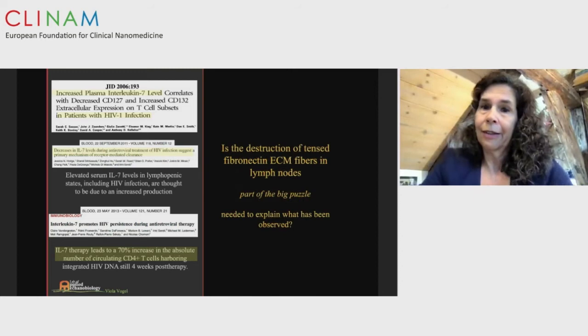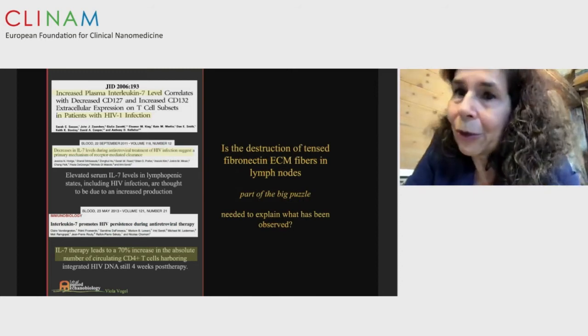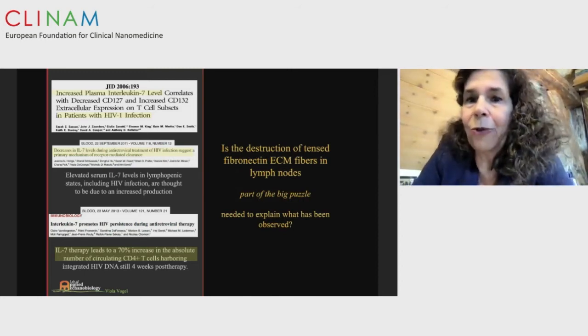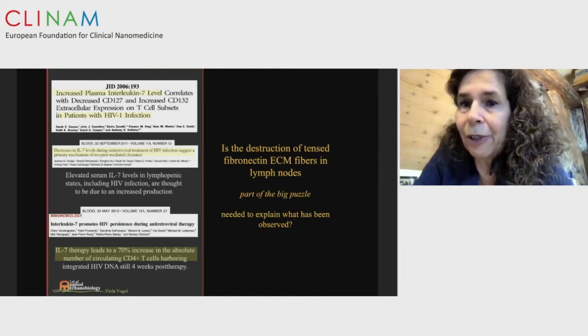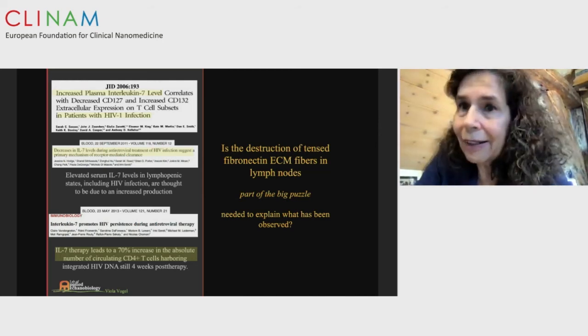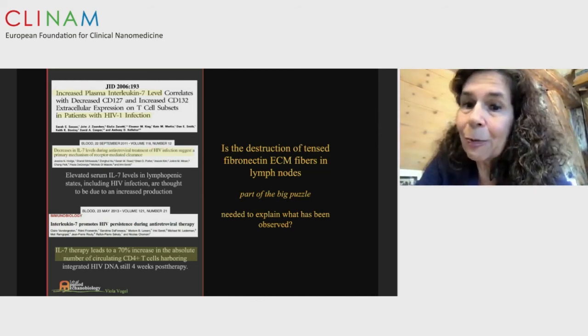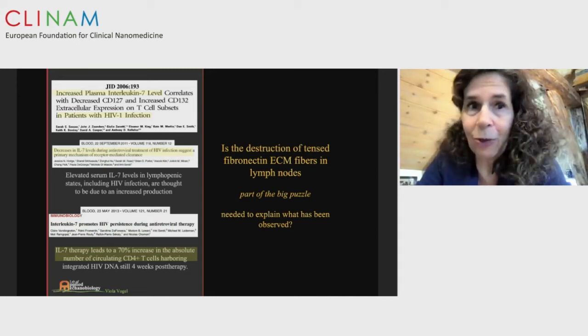So is the destruction of the fibronectin ECM fiber network in lymph nodes part of the big puzzle? And can it, in part maybe, explain what has been observed in the literature?